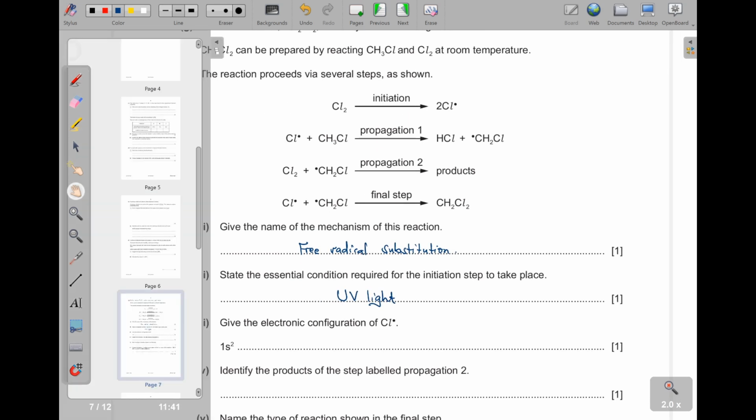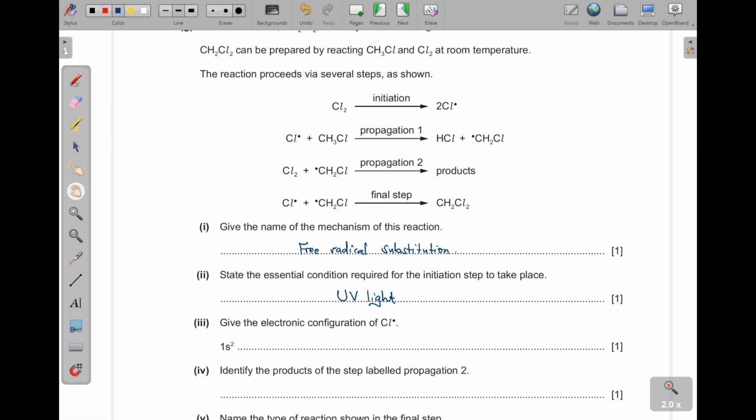And then Roman 3, we are told to give the electronic configuration of chlorine. This radical here, remember, when these two are breaking down under UV light, there are two electrons here which are shared. Each of them takes their one electron there. Okay, so when they take their one electron, chlorine, remember, is in position 17.